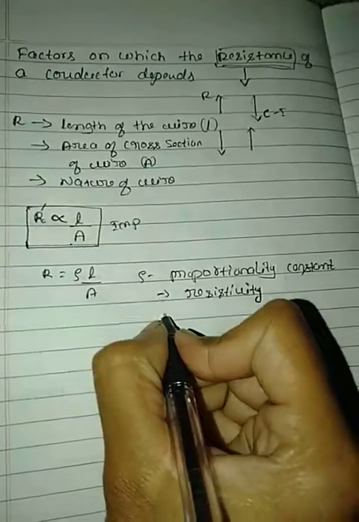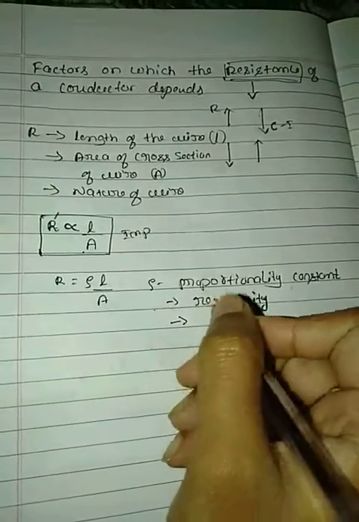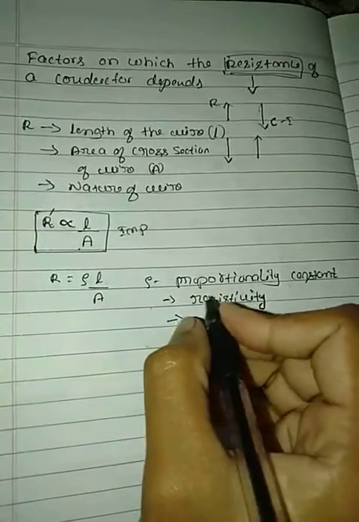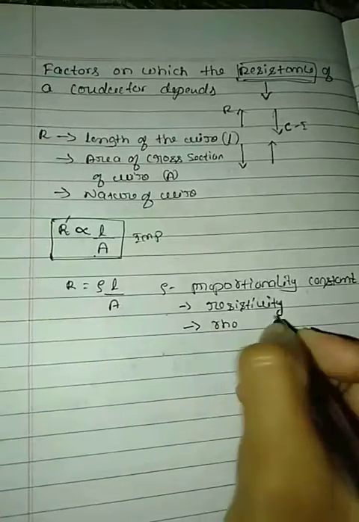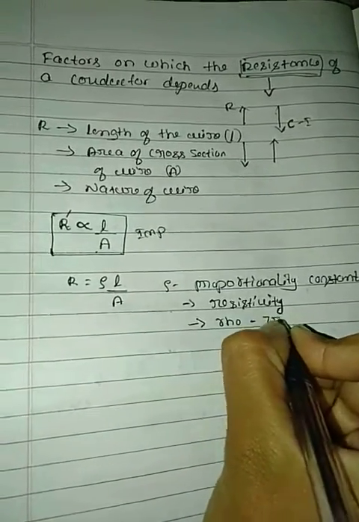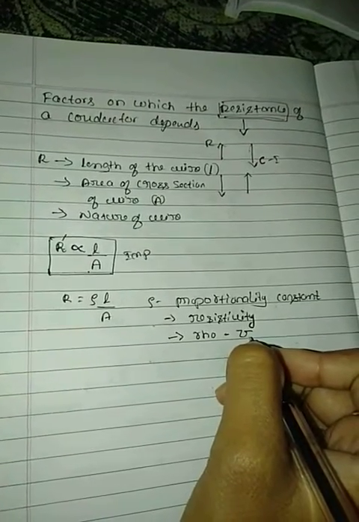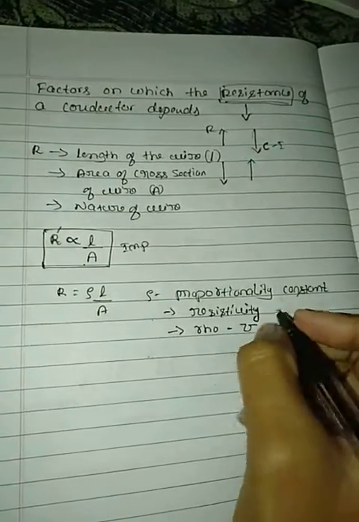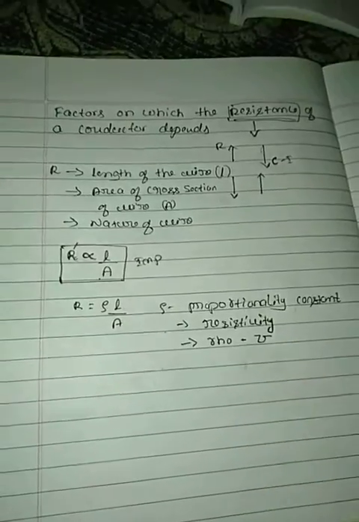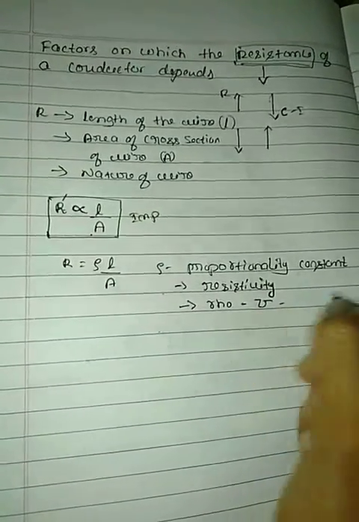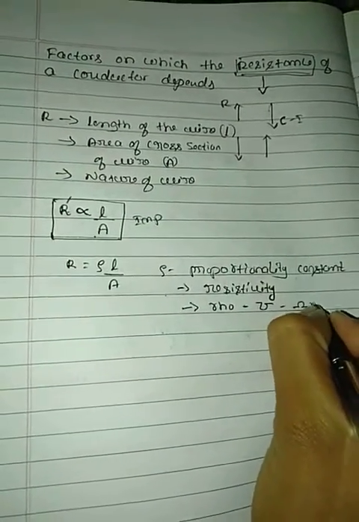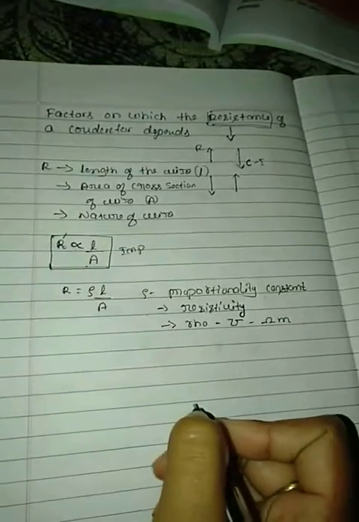The SI unit of resistivity is, see here, symbolically we can write it like this, or it can also be written as ohm meter.